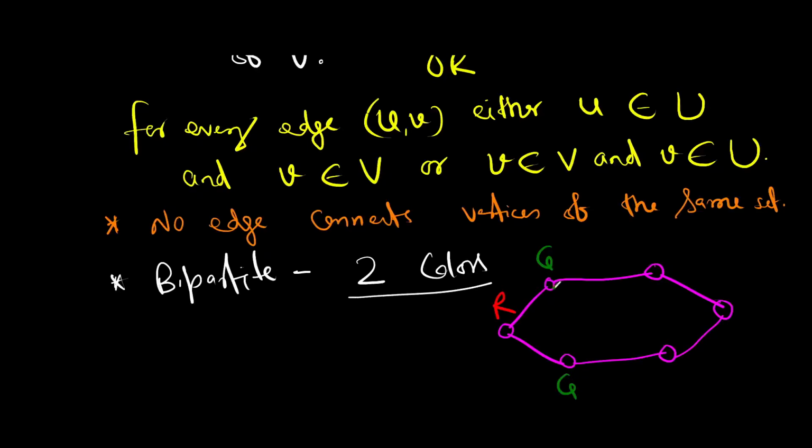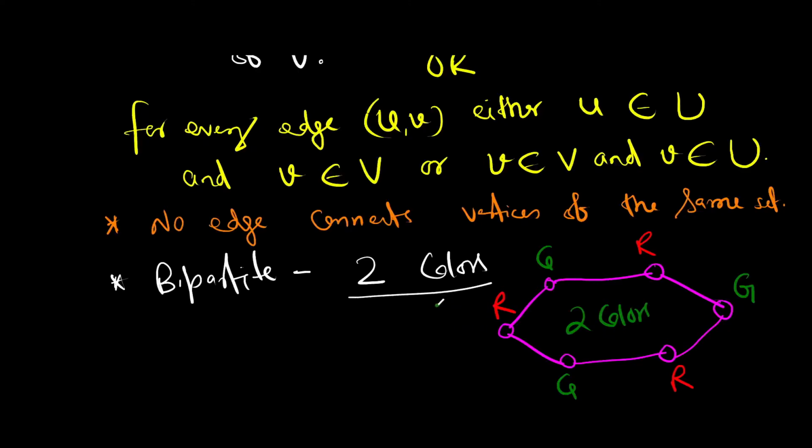So these two should be of green color. Now, if this is green, its adjacent vertices should be red. Same here, it should be red. And now here, it should be green. And you can see we have colored this whole graph using two colors and there is no conflict.